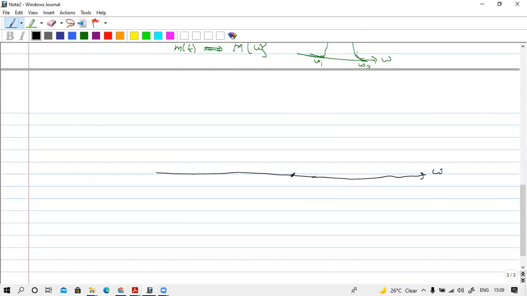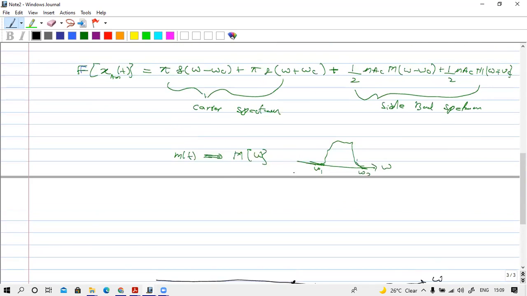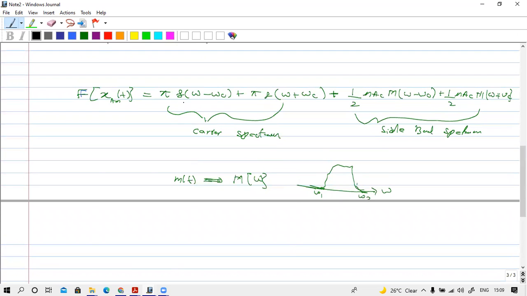Okay, so first we will draw the carrier part. Here phi delta omega minus omega c. Delta omega is like this, it is at 0. Omega minus omega c means it is shifted this way by omega c. Omega plus omega c means it is shifted this way by omega c.